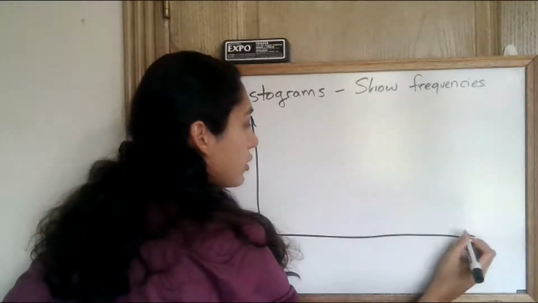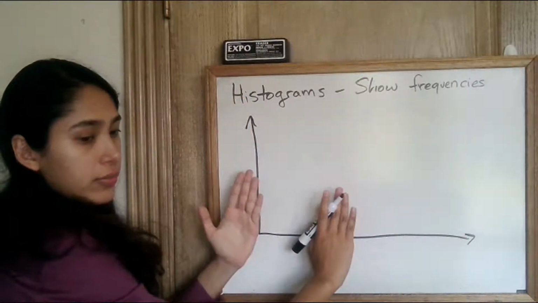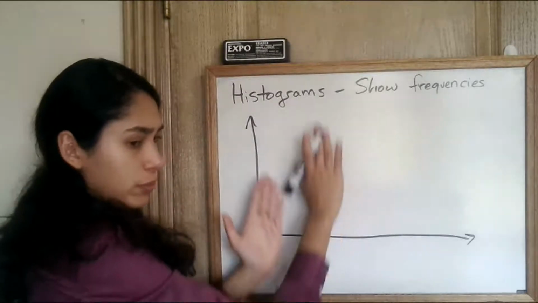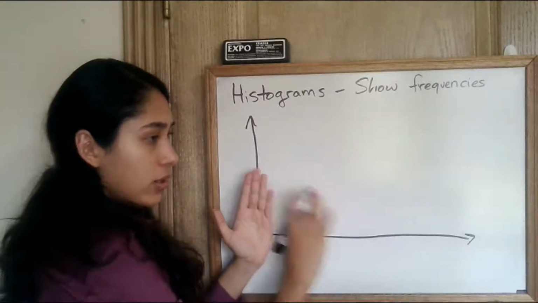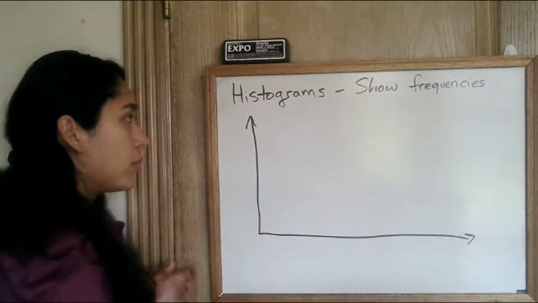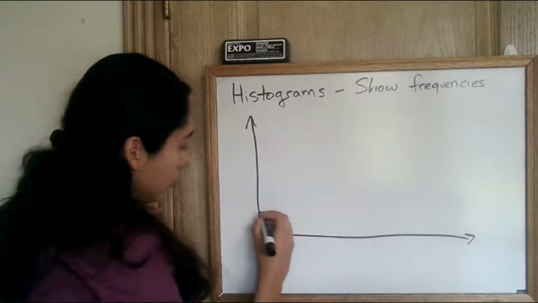So unlike bar charts, there's not a space between them. And you're like, well, okay, so some people might want to put spaces between the actual bars, and some people might not. There's actually an important difference between histograms. Let me go ahead and just draw one.